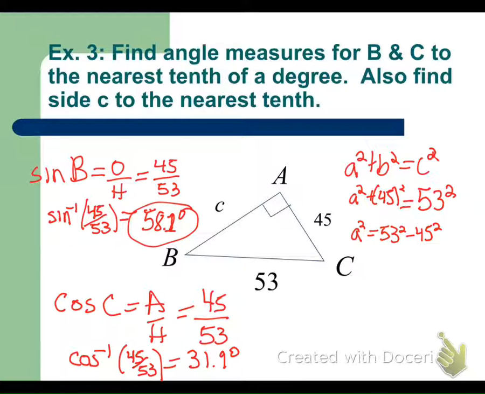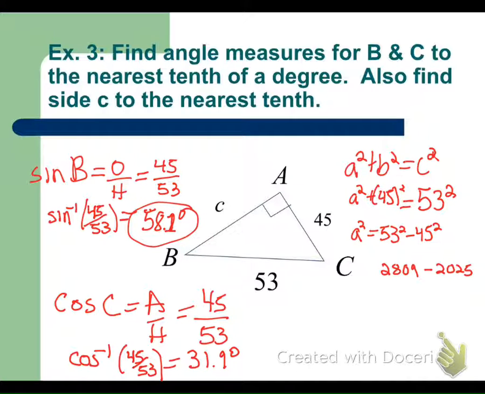What is 53 squared? If you multiply 53 times 53, that is how you find it. 2,809 minus 45 squared, which is 2,025.